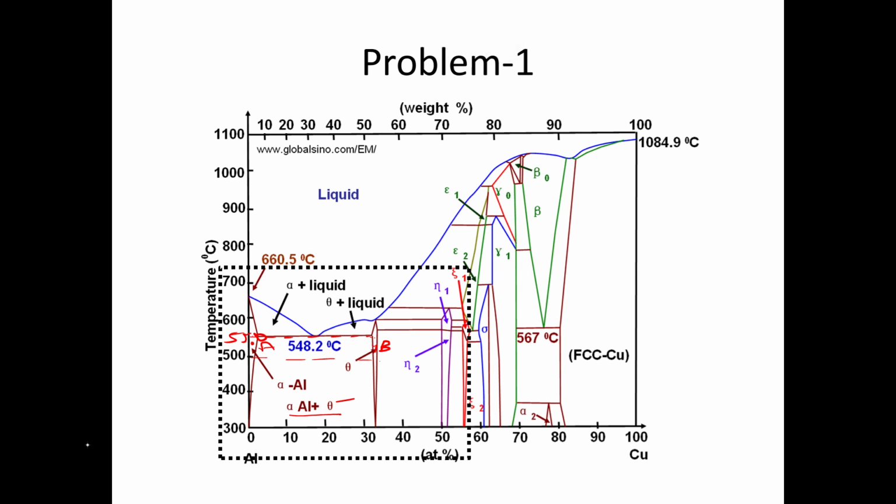If you draw at a temperature of 550 degrees Celsius, what will be the phases formed? Here, first it forms the alpha region, and again it forms the three phase region.